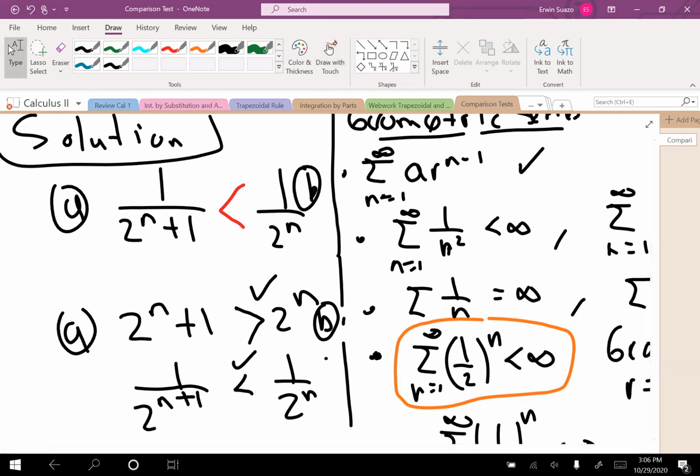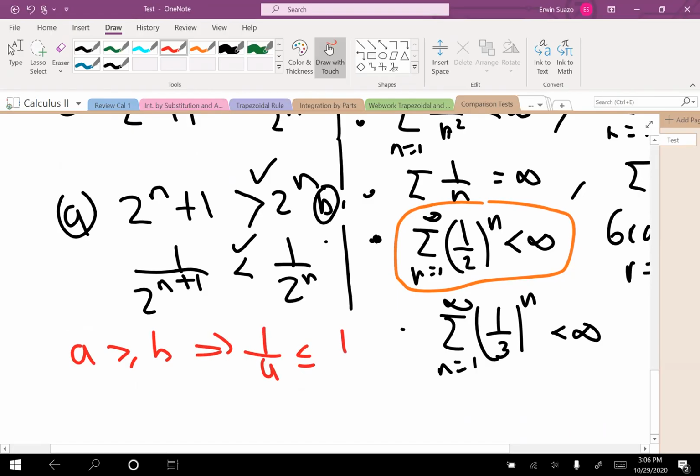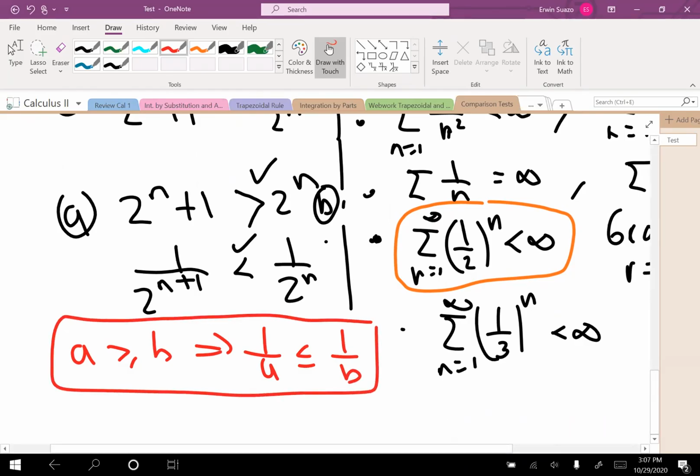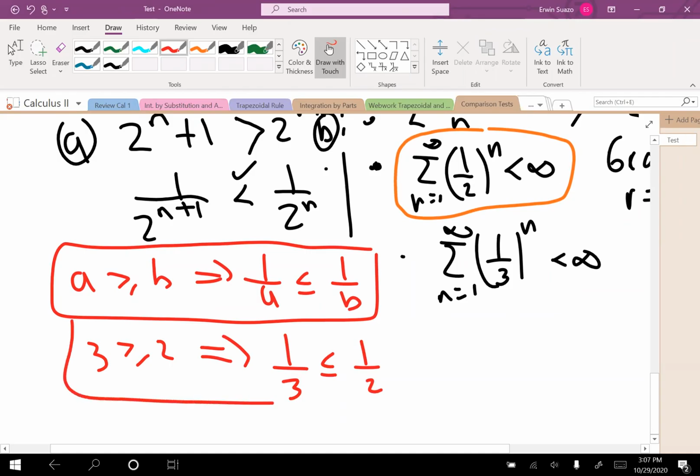Okay, so you need to go to your college algebra or your precalculus and remember this. If A is bigger or equal than B, then 1 over A is less or equal than 1 over B. You guys remember that or not? You can test it. If you don't believe me, you can just take 3 bigger or equal than 2, yes. And then 1/3 is less or equal than 1/2, yes.